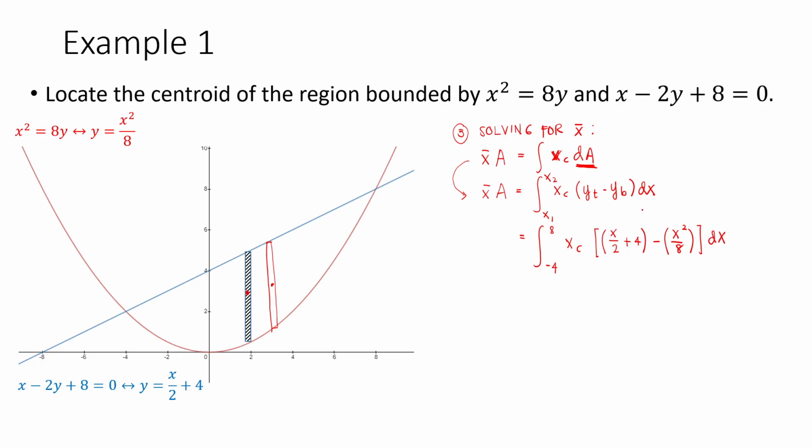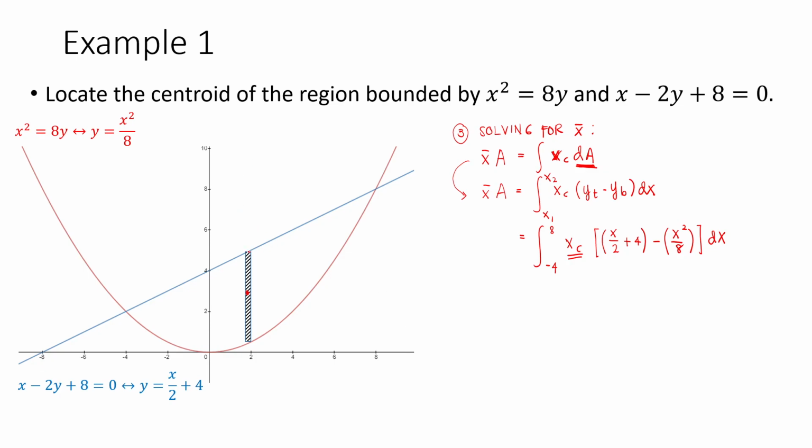So notice that all are in terms of x, but for x sub c, it's still the x sub c parameter. So we need to make it in terms of x. As per definition, x sub c is the centroid going towards the differential area.